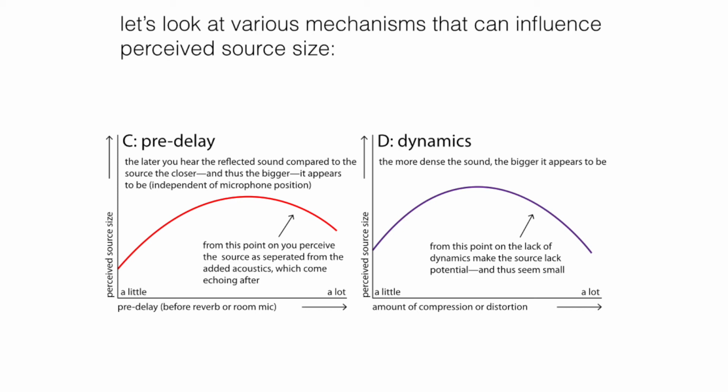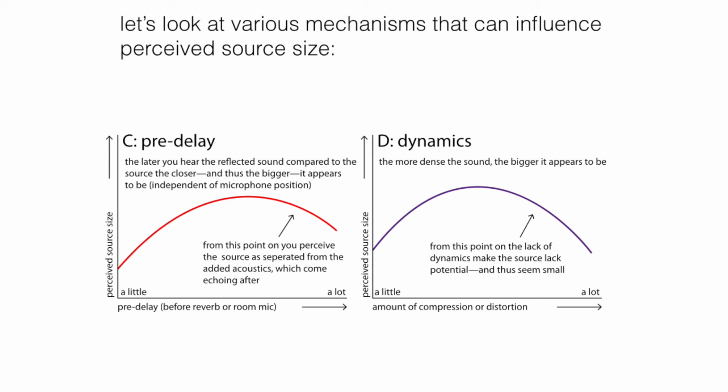This closely relates to graph C, but graph C deals with adding artificial reverb, where you have a pre-delay parameter. And pre-delay actually determines when the reverb will start to arrive after the direct sound.